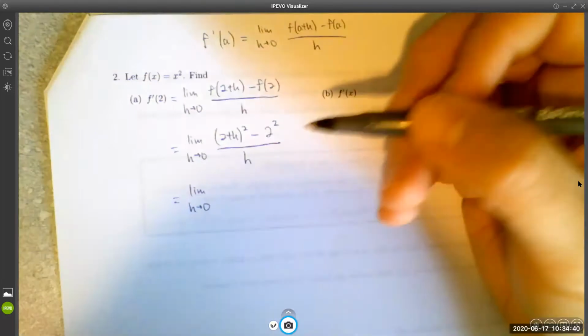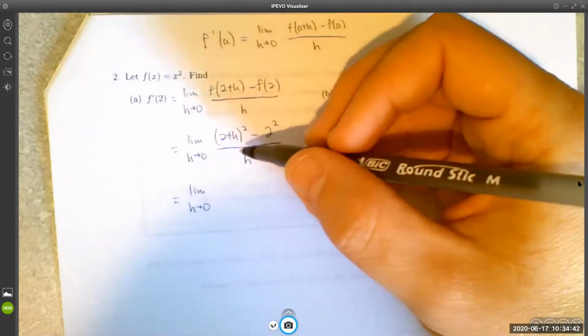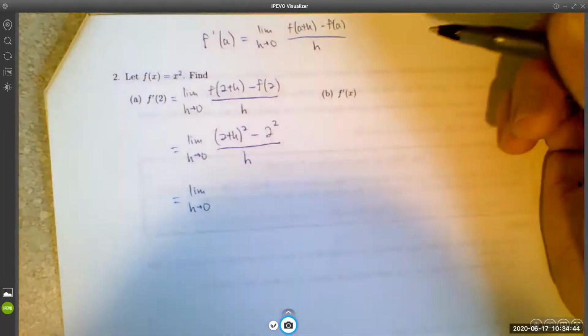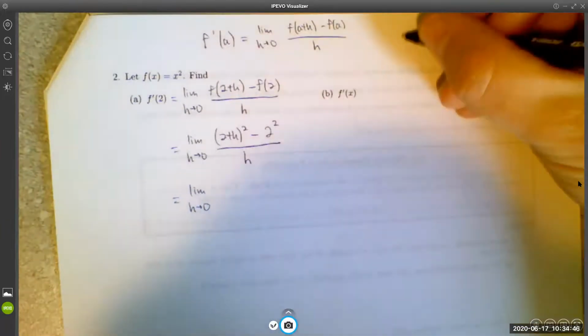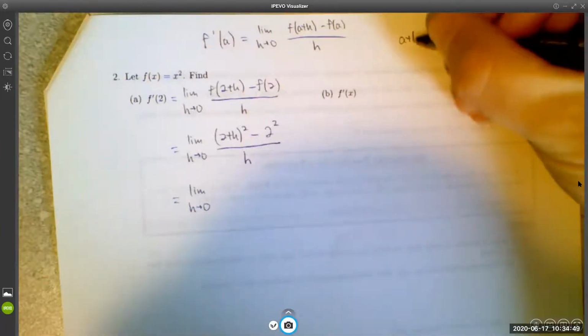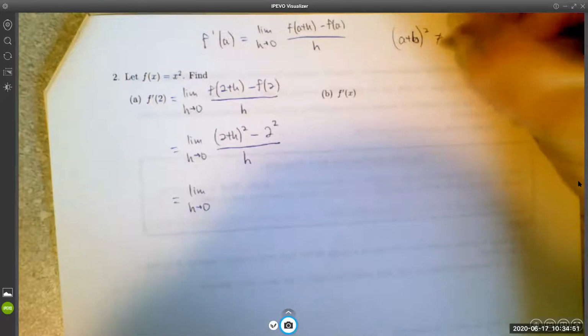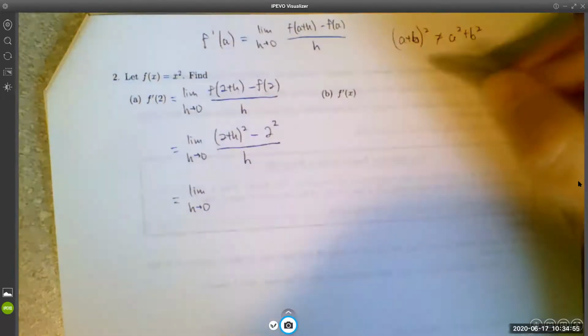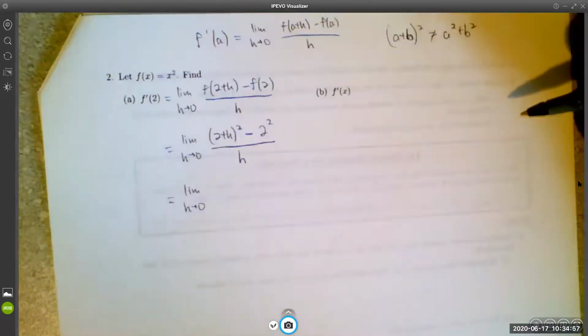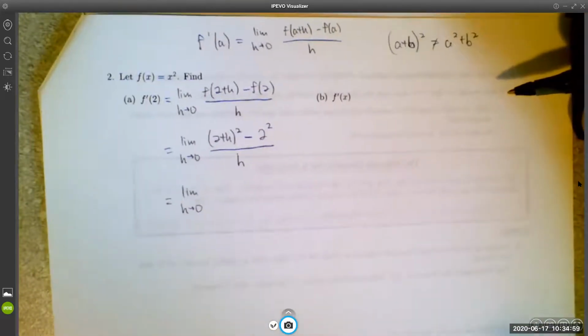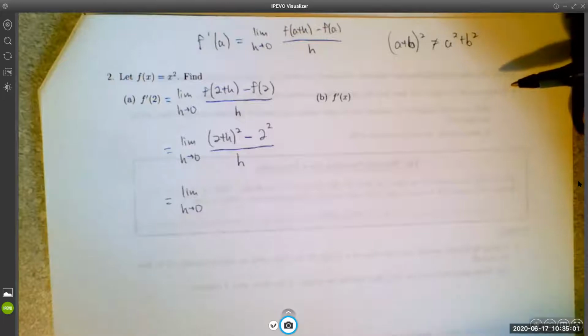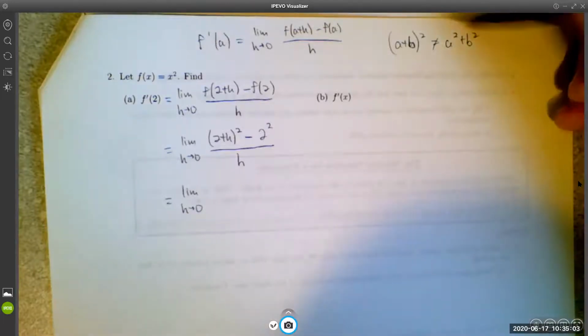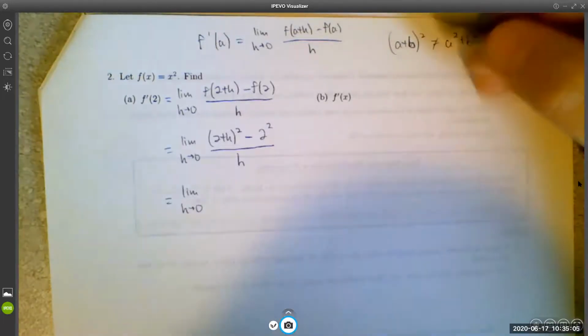2 plus h squared. Now, I've mentioned this in this class before, and this is going to be a common theme, but a plus b squared does not equal a squared plus b squared. It'd be nice if it did, but this is called the freshman dream. Because freshmen in college who are taking their first calculus class or whatever, they want to believe that this is true, but it's not, right?